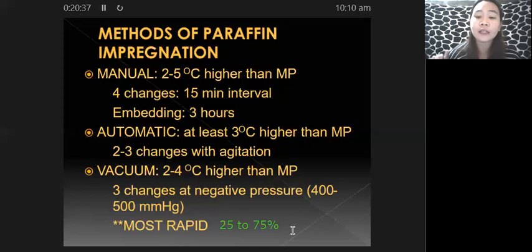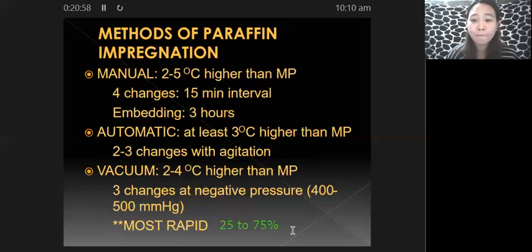Another application is for dense and fibrous tissues. Since they are dense and fibrous, they are considered hard tissues. I mentioned this in the video on clearing, or maybe dehydration, I just forgot which video.